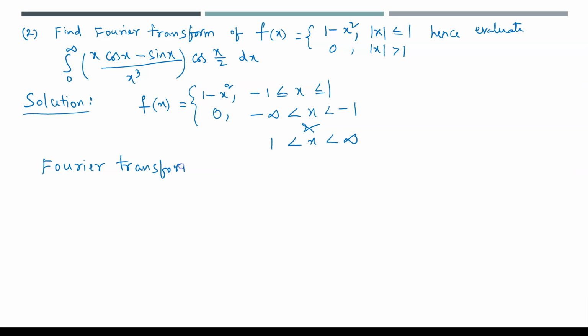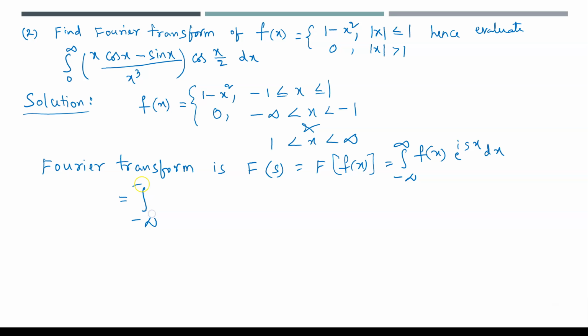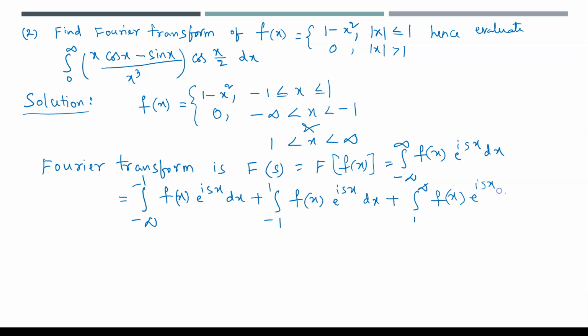The Fourier transform is F(s), which is equal to F of f(x) equal to integral minus infinity to infinity f(x) e power isx dx, which is equal to integral minus infinity to minus 1 f(x) e power isx dx plus integral minus 1 to 1 f(x) into e power isx dx plus integral 1 to infinity f(x) into e power isx dx.